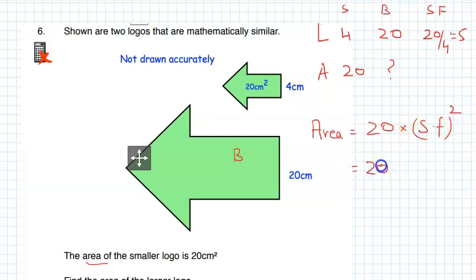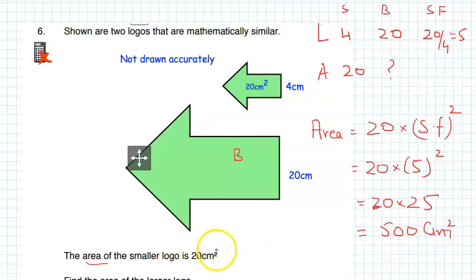So that is 20 multiplied by 25, and that is 500 centimeter square.